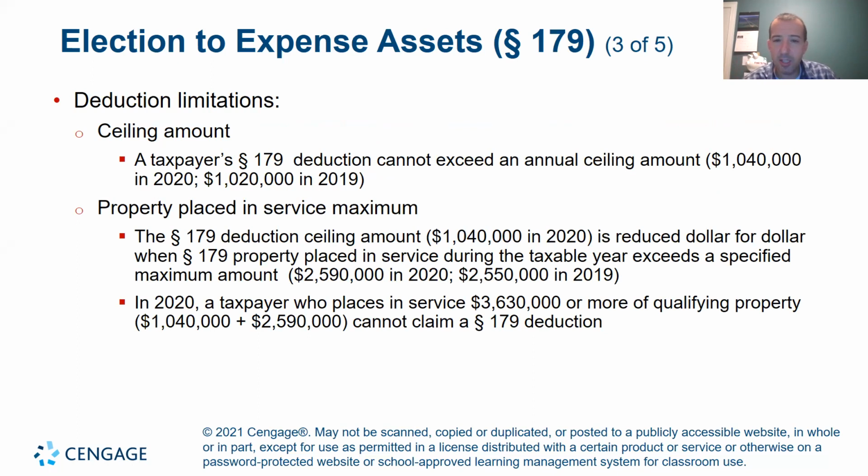There's also a rule where there's a dollar for dollar reduction in the Section 179 up to $2,590,000. What does that mean?